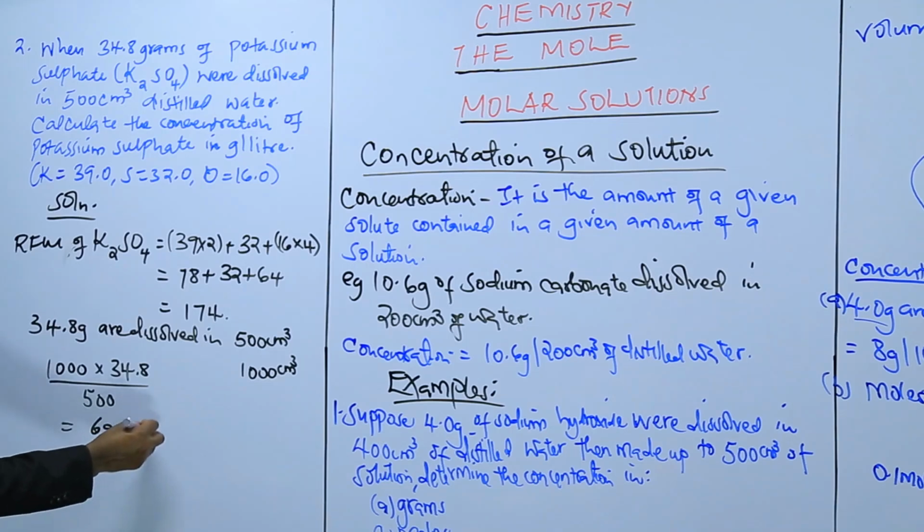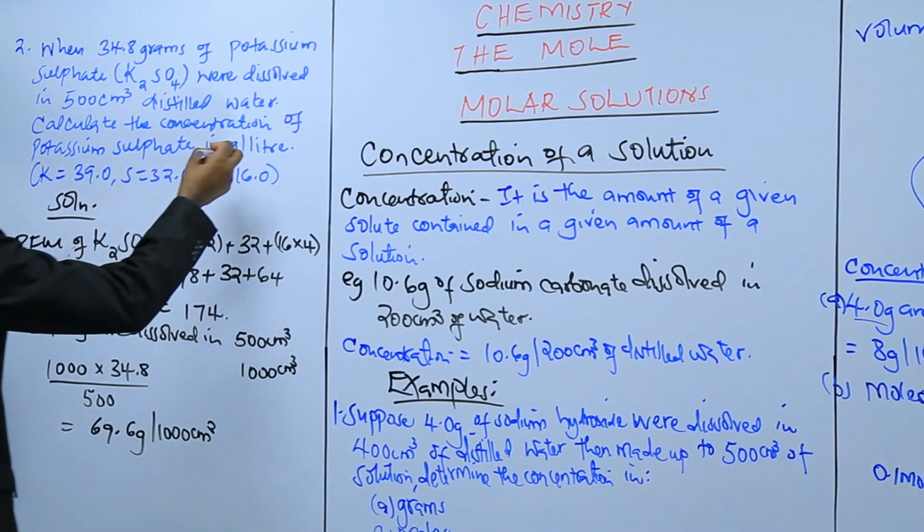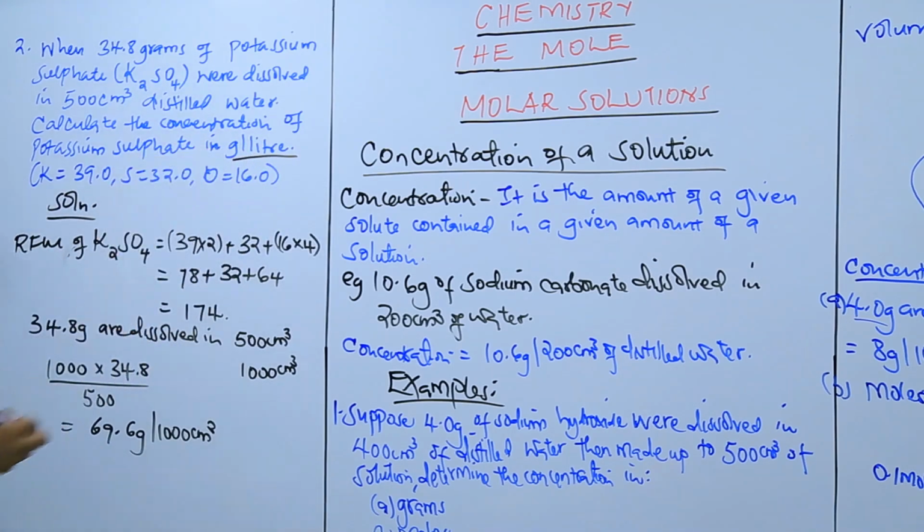So 69.6 grams per 1,000 centimeters cubed. That is the concentration in grams per liter.